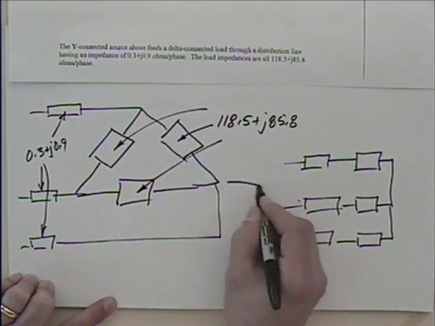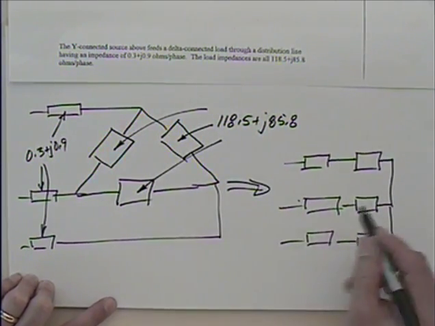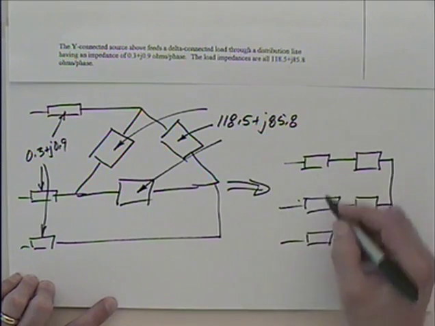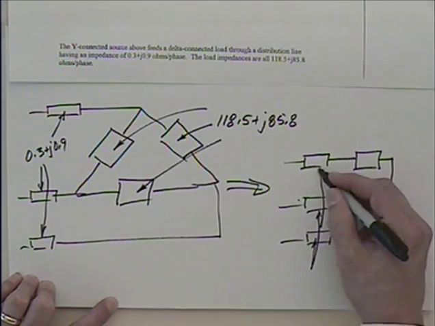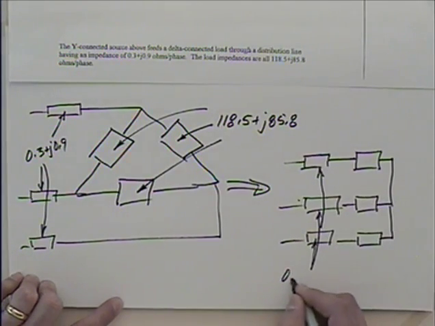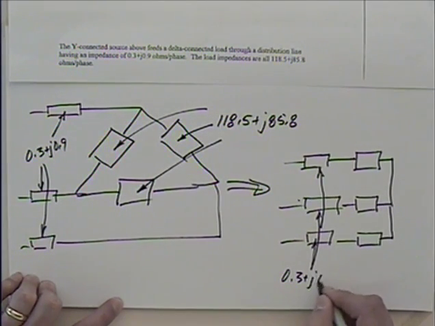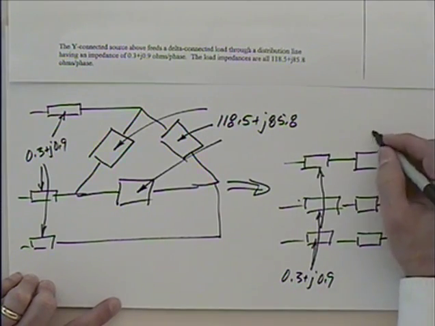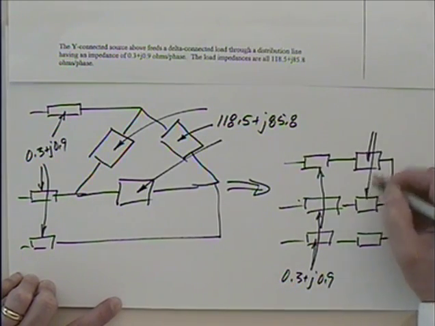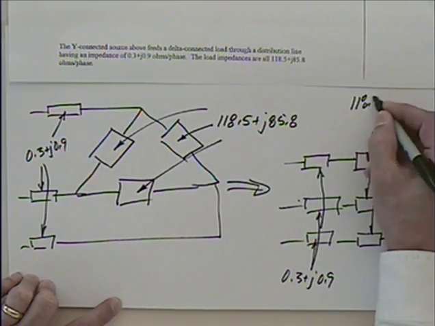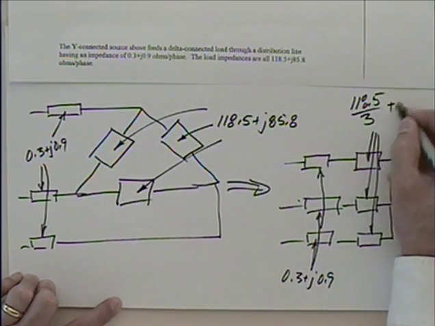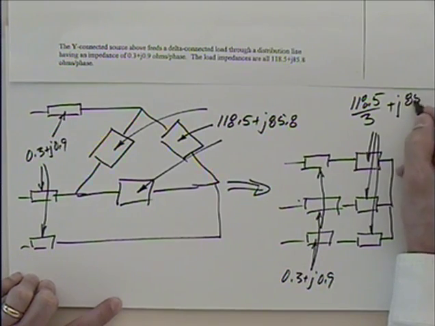So I'm trying to convert this whole thing to something that looks like that, where each one of these are still the 0.3 plus j0.9, and then each one of these are 118.5 over 3 plus j85.8 divided by 3.